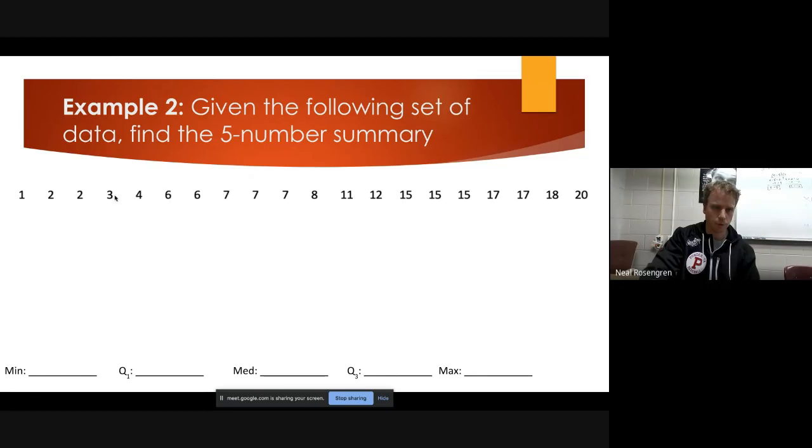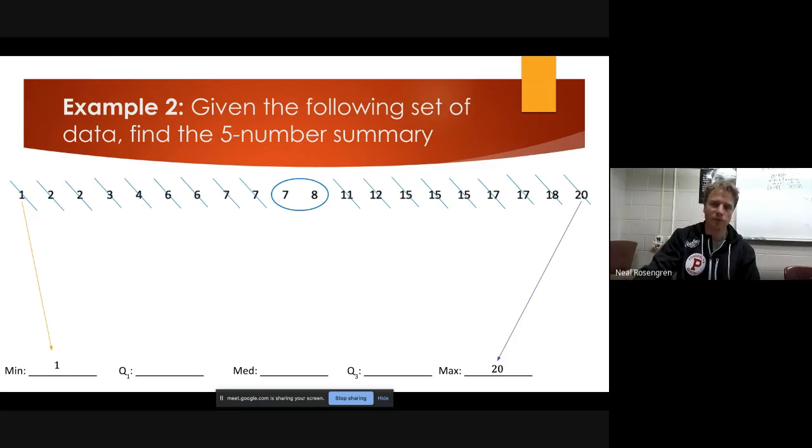Here, I've got 1, 2, 3, 4, 5, 6, 7, 8, 9, 10, 11, 12, 13, 14, 15, 16, 17, 18, 19. There are 20 points. When I try to find the middle of 20 points, there is no middle because it's even, so I have to find the average. But when I find the middle, I still have 10 numbers below, 1 through 7 on this list, and 10 numbers above, 8 through 20.